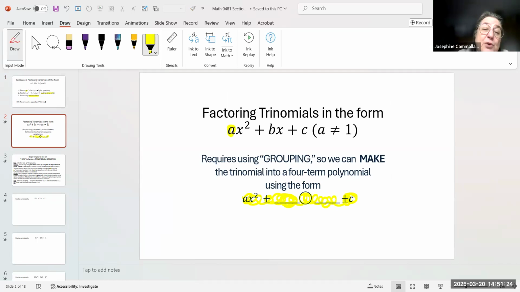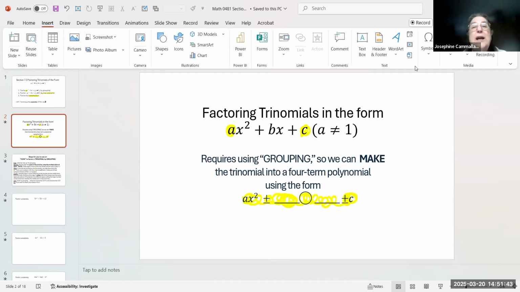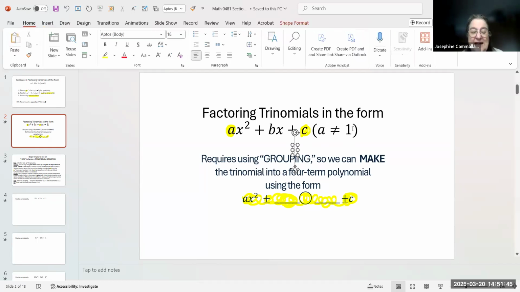Now, we're going to be using this A term and C term, and we're going to do just like we did before, except that A is no longer 1, and that A is not a GCF, which is what some of you are going to try and do. It's not a greatest common factor.